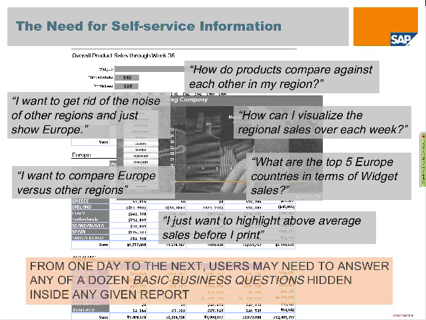So there's a ton of questions like these that are hidden inside reports and dashboards. And in many cases, they force the business users to go back to IT and request additional reports and dashboards.